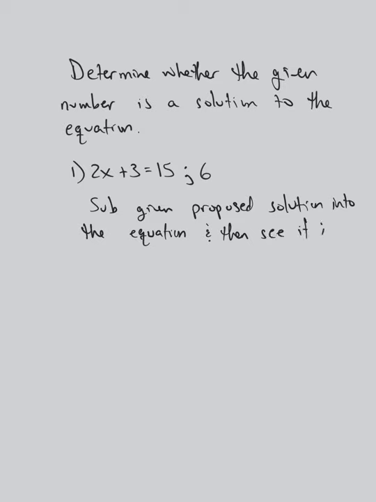Okay, so if it gives a true statement. So that's what we're going to do if it's not clear. Now in this problem right here, notice on the right side there's only a 15, so there's no variable over here. Sometimes the variable will be in both sides, and so you've got to plug that proposed solution into both sides. Now let me show you the best way.